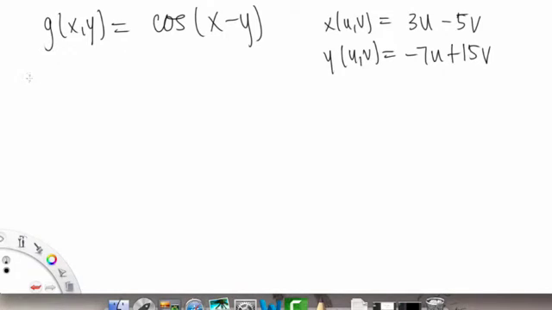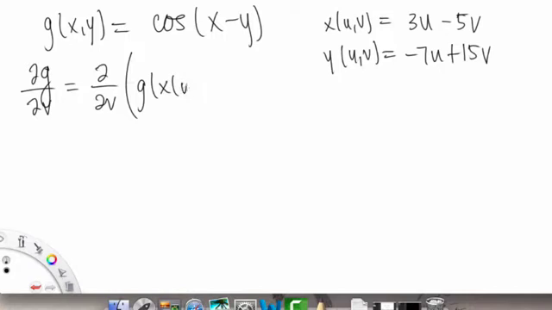Okay, so we're going to start over, and we're going to compute now the partial of g with respect to v, okay? So according to the chain rule, I'll just write it here. This is the partial with respect to v of g of x of u and v, and y of u and v.